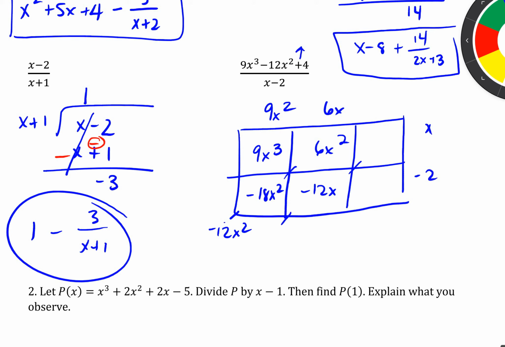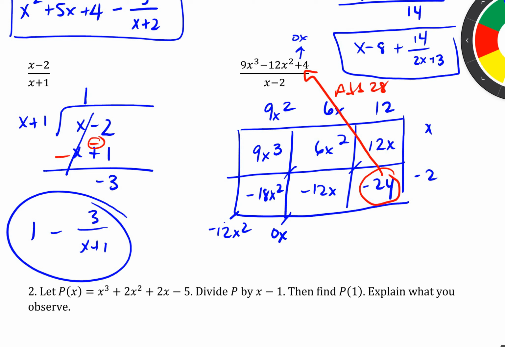Notice there's no x term here. So I'm going to put in a 12x because 12 and negative 12 makes 0x. Making this 12 and this negative 24. Then I have to ask myself, what do I add to negative 24 to make 4? Well, I have to add 28.